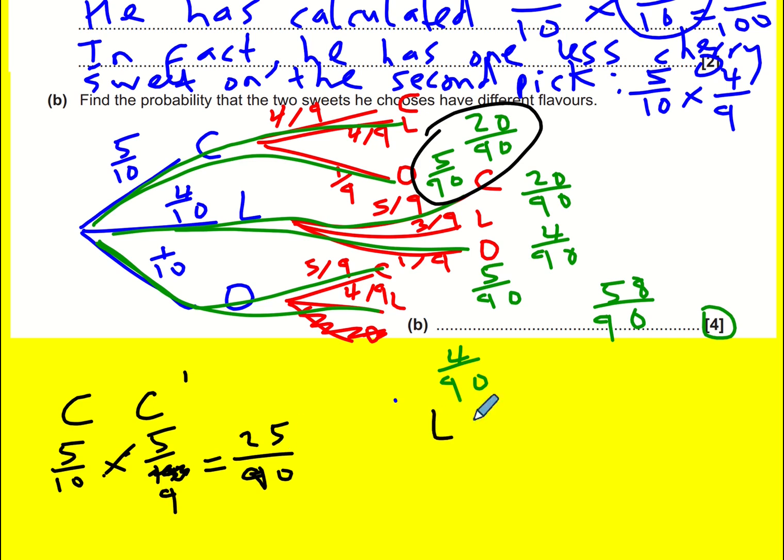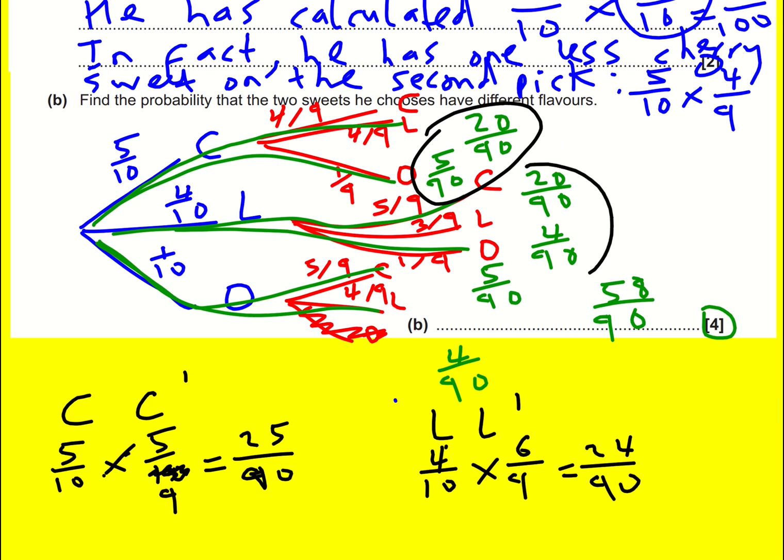Let's do lemon and not lemon. Well, the first time round it's 4/10. The second time round, well, I've got 5 cherries and 1 orange, so it's going to be 6/9. And that'll give me 24/90. And that is me working out these two essentially and adding them up.